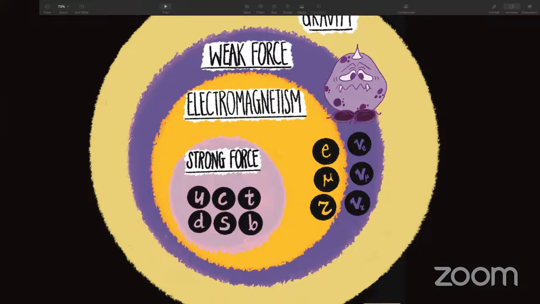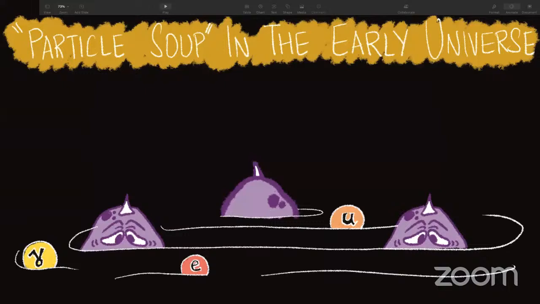And it's actually kind of neat how this works out in the end. So as Katelin mentioned, in the early universe, all of the particles are part of a plasma. And that's because all of them are talking to each other, interacting with each other, scattering off of each other. So in the early universe, you have a particle soup, where all of the particles are chilling out, hanging together.